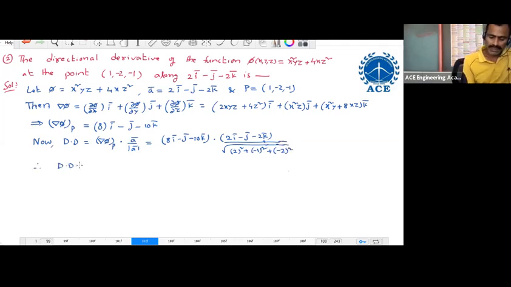Therefore, after simplification we get this value. This is the derivative of the function at this point in the direction of the given vector only.